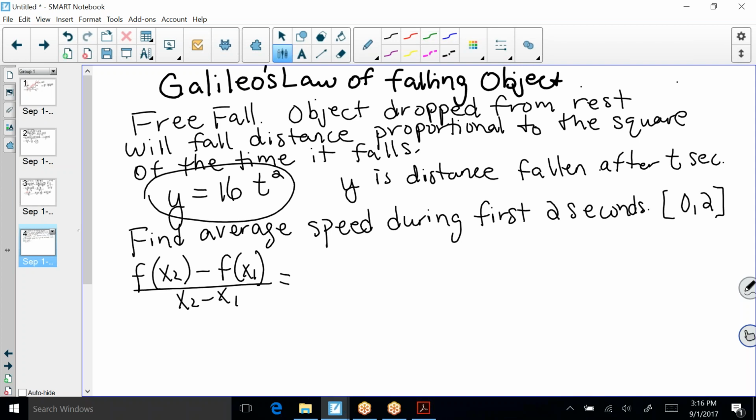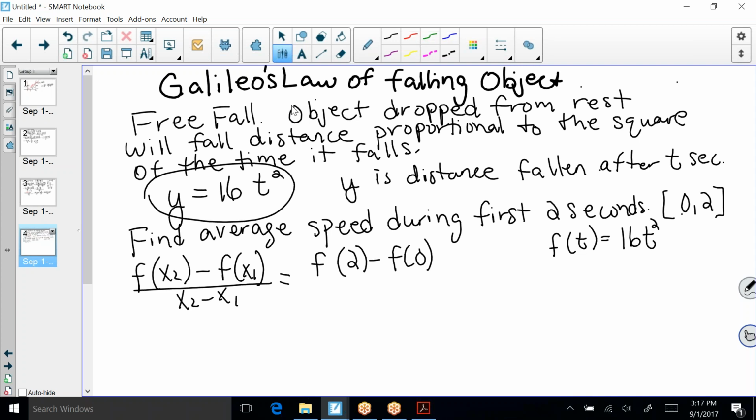So I could write this function as f of t, instead of calling it y, f of t is equal to 16t squared. And I have the variable t here instead of x over here, but I could have made these t sub 2 and t sub 1. All right, so then we're going to take x sub 2, and x sub 2 is going to be 2. So we're finding f of 2 minus f of 0.